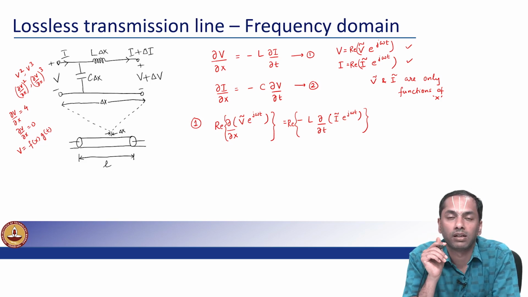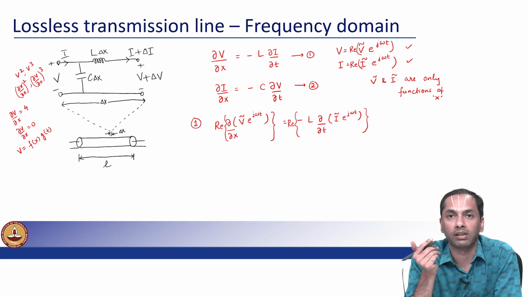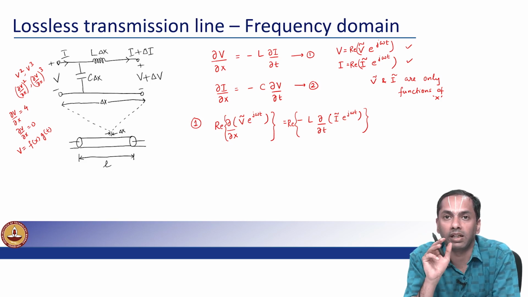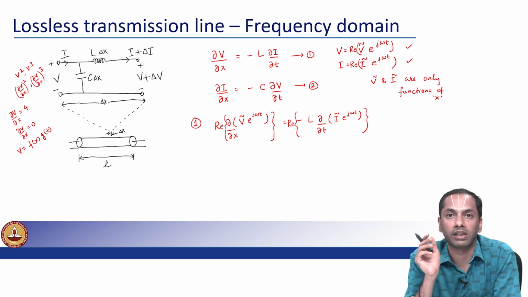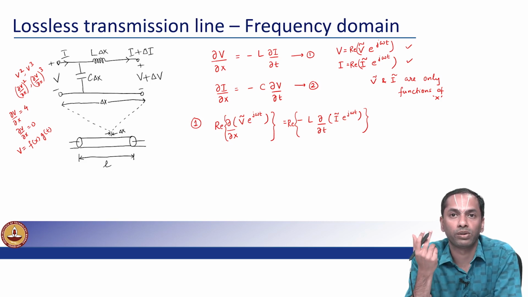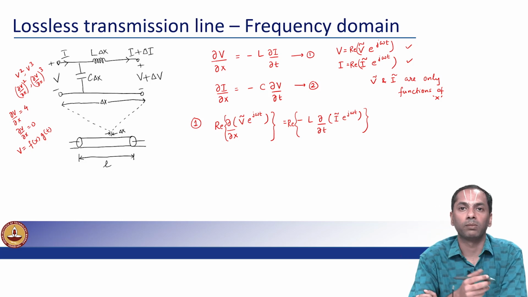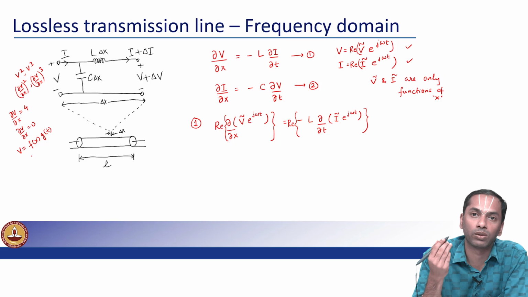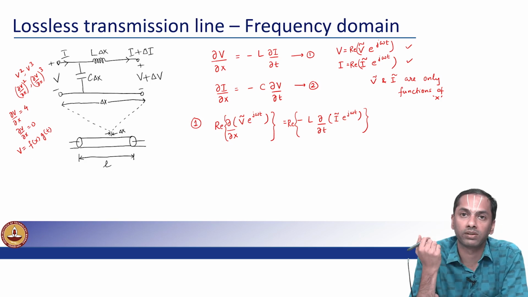Now, if you're still wondering that even after separating these, can I still get the t plus x square root of LC or t minus x square root of LC? You can probably see that the solutions ought to be of the form that have the same form in the time domain, right? So even before we go into solving this, we are able to make so many conclusions from well-known mathematical principles.